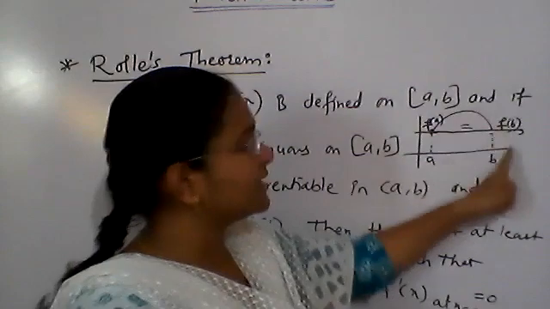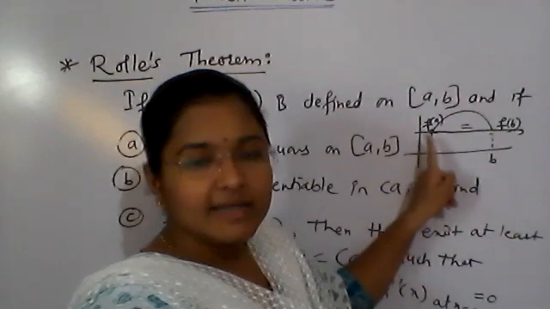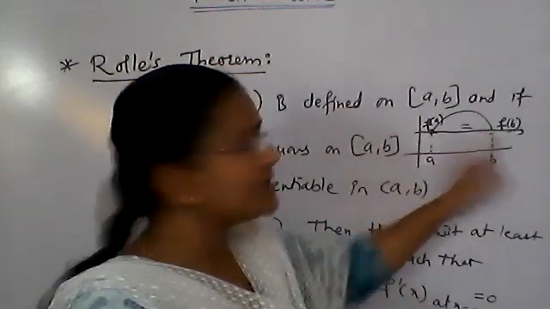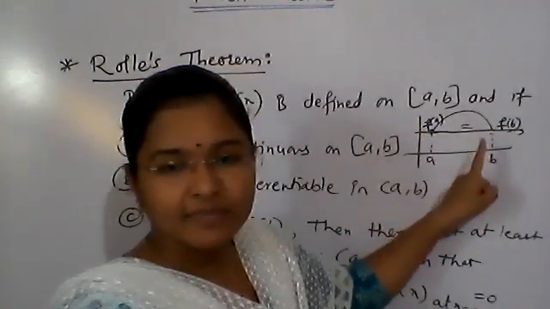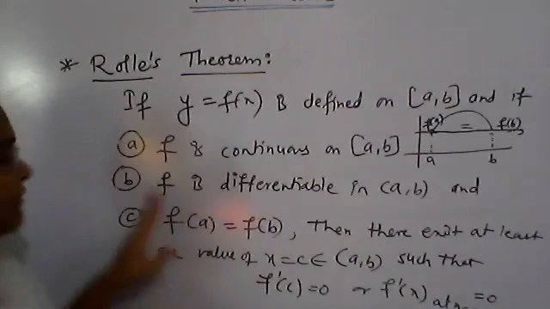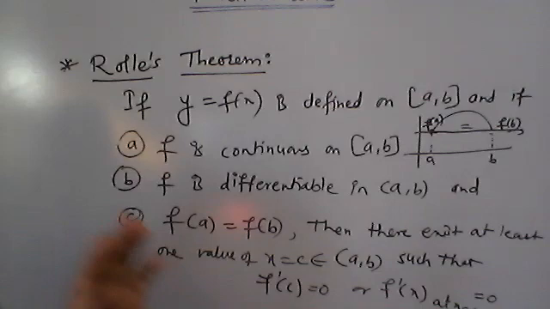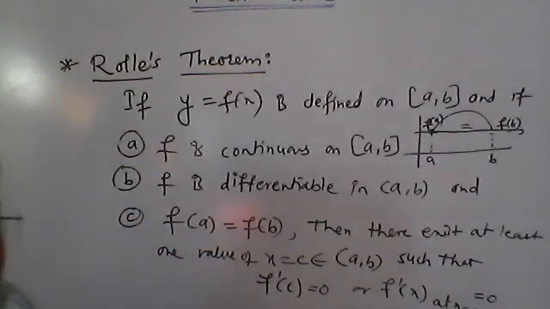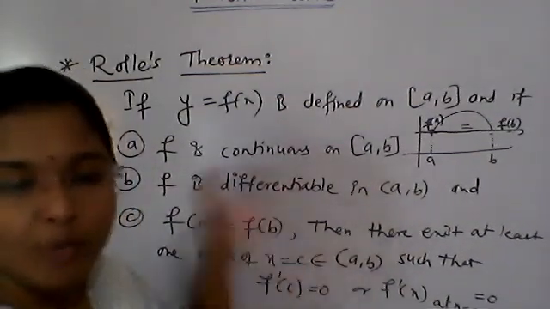This curve is continuous and differentiable also, and f of a equals f of b, because you can see that the end points are at the same height. If f of a equals f of b, then only you can say that the given function satisfies all conditions for Rolle's theorem. So here you can write f dash c equals 0, and whatever value of c you find, you have to check whether it belongs to the given open interval or not.